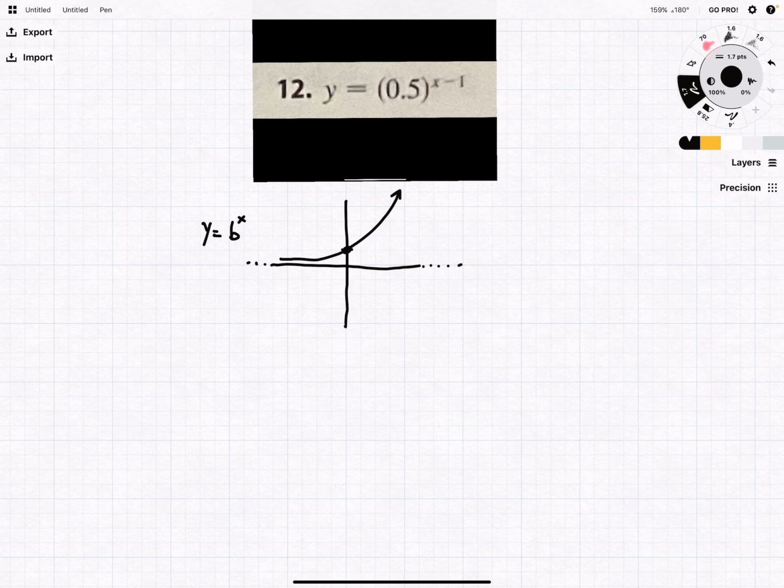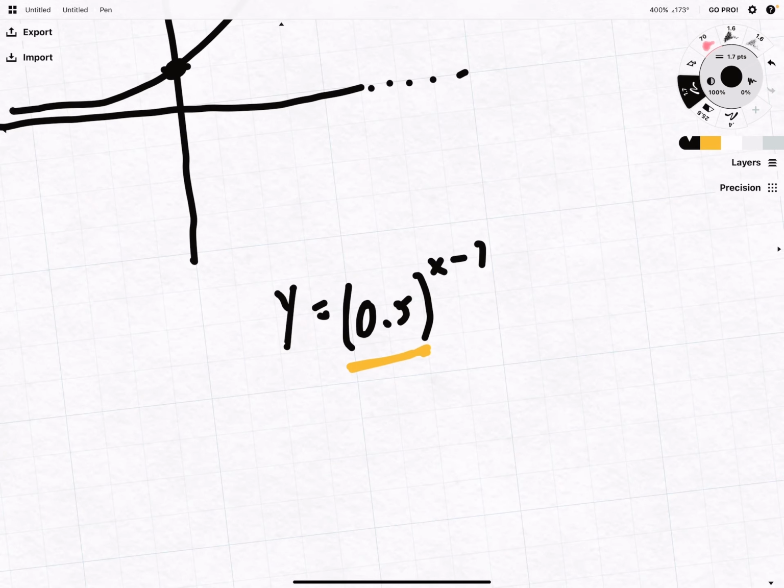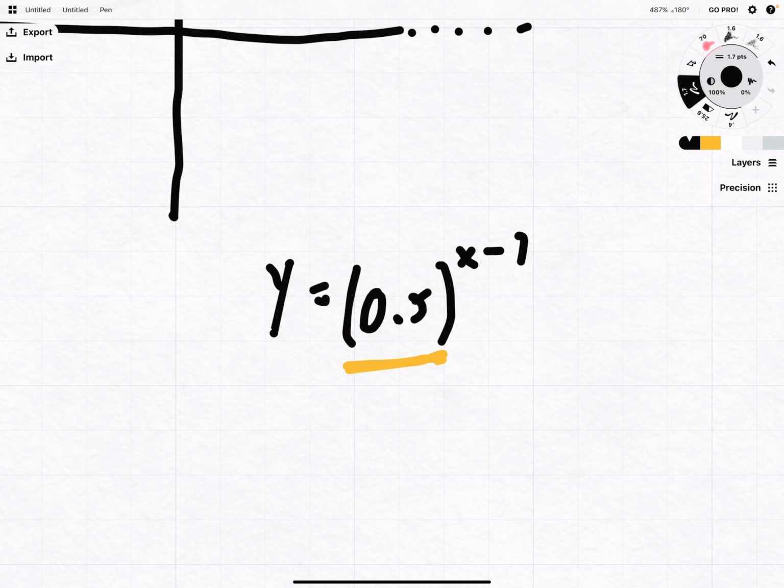Okay? Now here we have a couple things. We have 0.5 to the x minus 1. Now, this isn't a hard set rule or anything, but whenever we have decimals like that, I like to try to convert them to fractions, because it always makes me a little nervous that I'll accidentally write 5 or something.